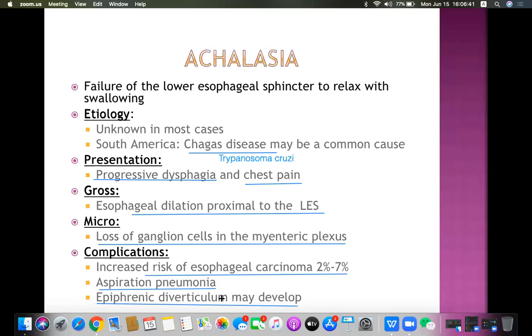We don't use the term aneurysm here, because this is a part of the GI tract; we use the term diverticulum. So this is called epiphrenic diverticulum. Remember, phrenic is the term for diaphragm, so it occurs very near to the diaphragm, in the lower part of the esophagus. Epiphrenic diverticulum.